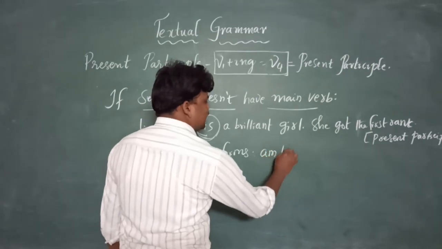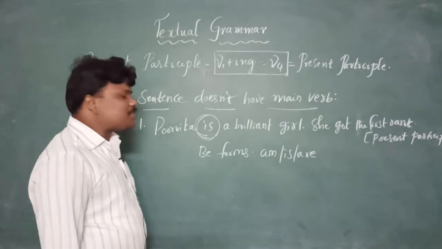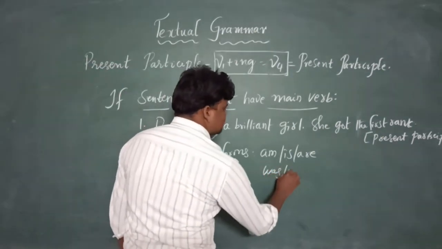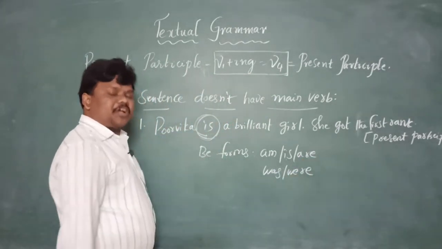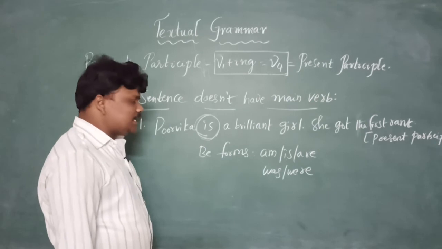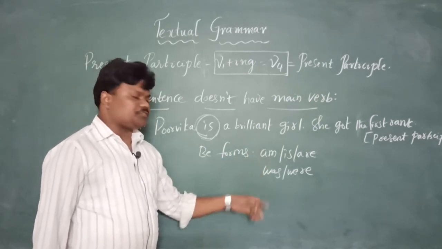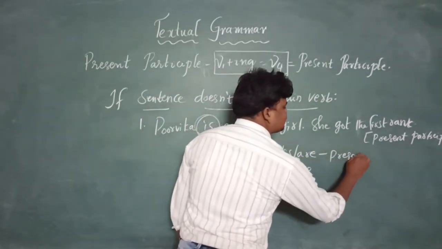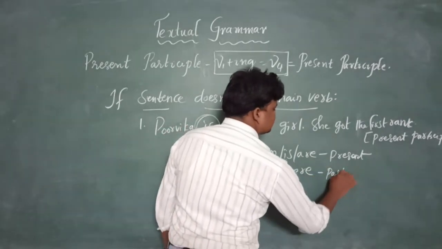Am, is, are are present be forms, whereas was, were are past be forms. There are 5 be forms in English mainly, divided into 2 types: present be forms and past be forms.